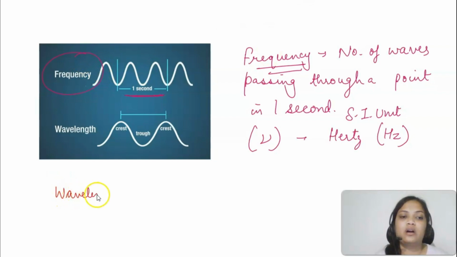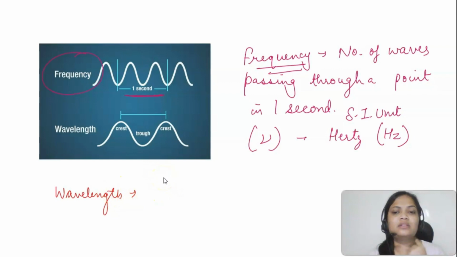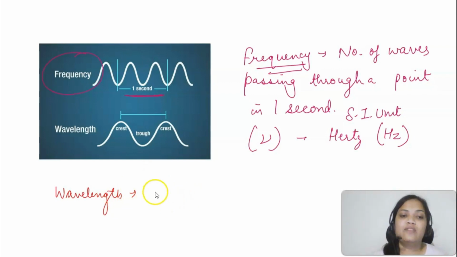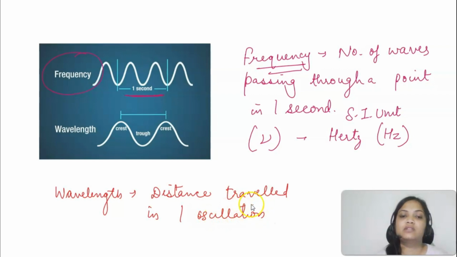If I talk about the wavelength, the name itself is explanatory: the length of the wave. Wavelength means the distance traveled by the wave in one oscillation. In one complete oscillation, how much distance is traveled by the wave is called wavelength. It can be the distance between two corresponding crests, one crest and one trough, or two corresponding troughs.